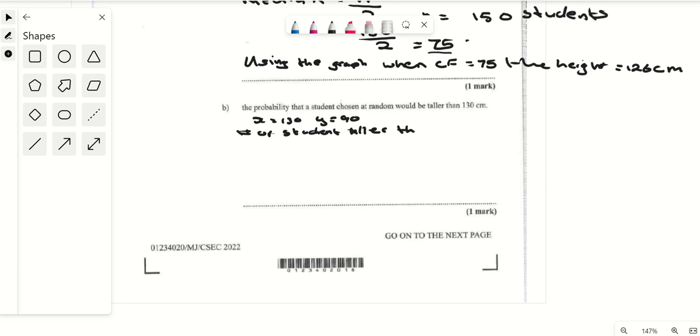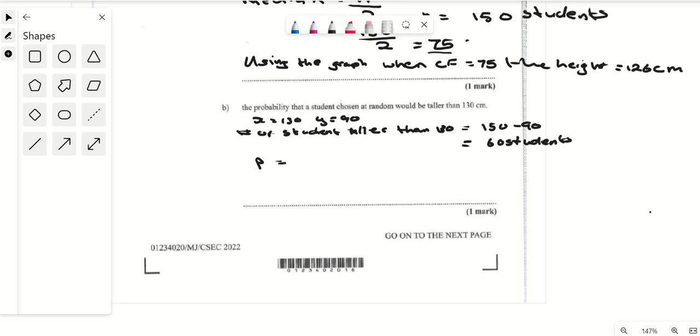Taller than 130 would be equal to 150 students minus the 90 students that were at 130, because the total is 150. So 150 minus 90 is equal to 60 students. So there are 60 students that are taller than 130.